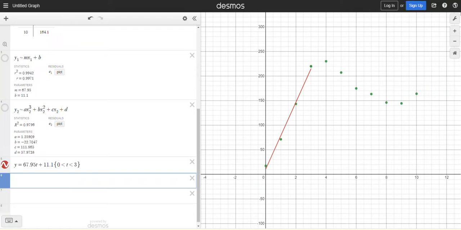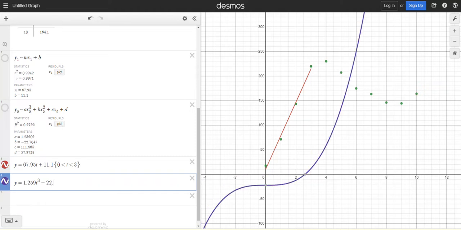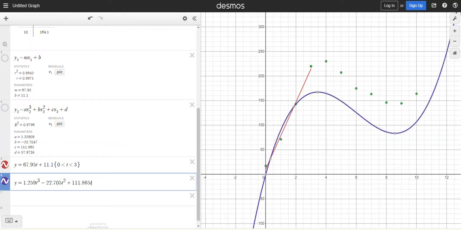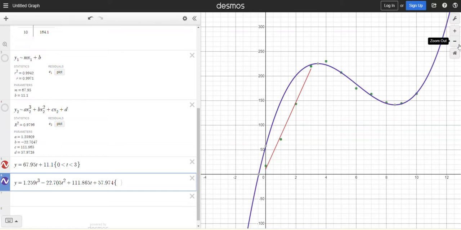All right, and then my second piece of my function, the cubic piece. There that is, and that is valid from 3 to 10.